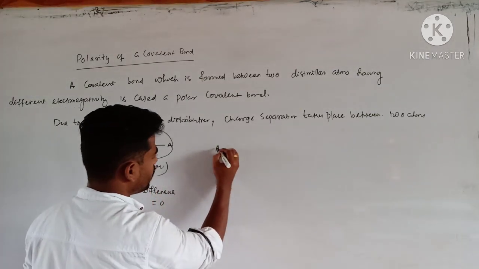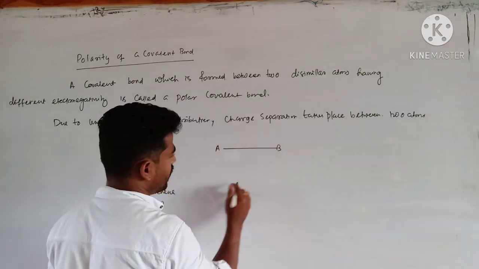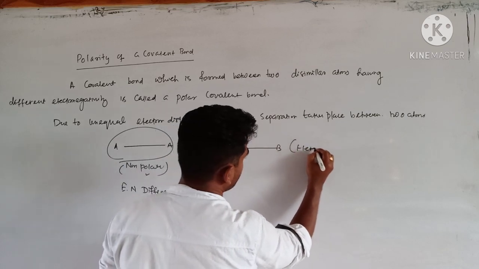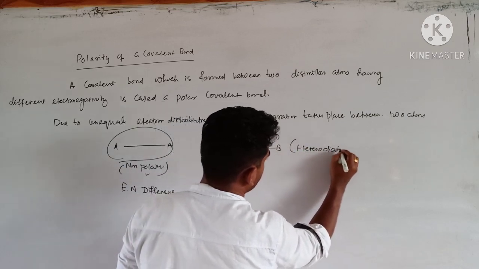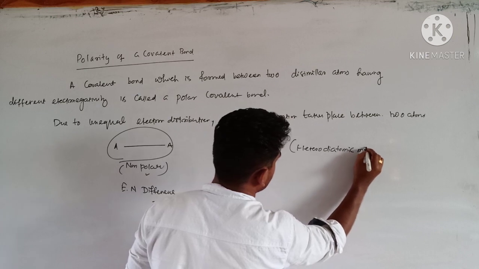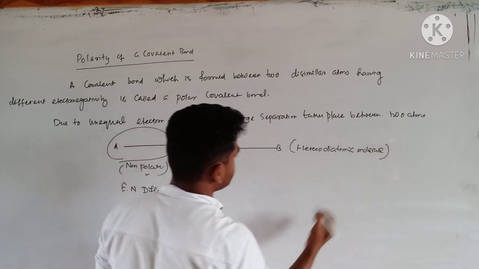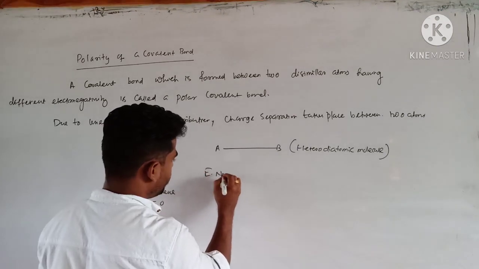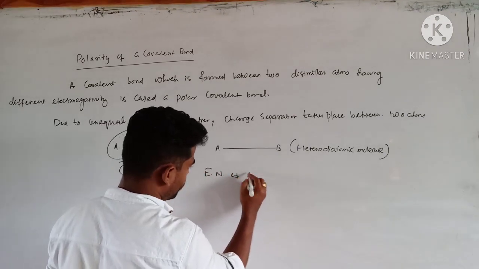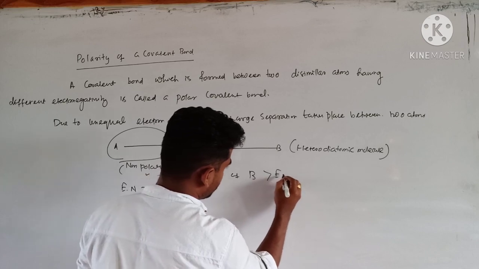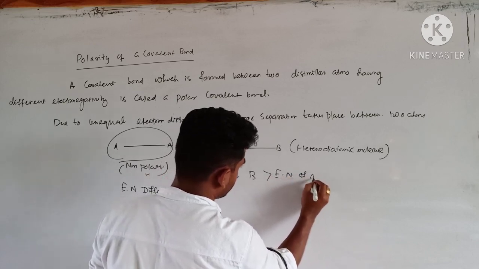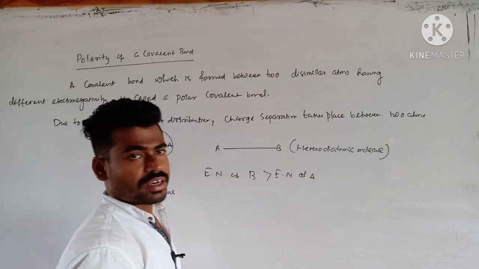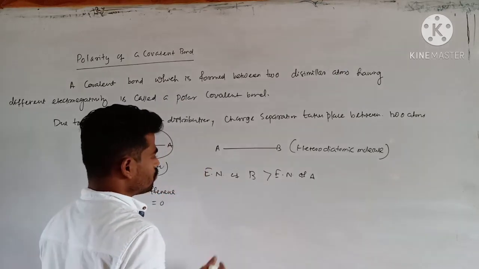If I consider AB, this is a heterodiatomic molecule. If the electronegativity of B is greater than that of A, two dissimilar atoms, the electronegativity should differ.